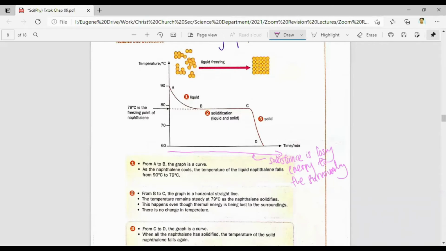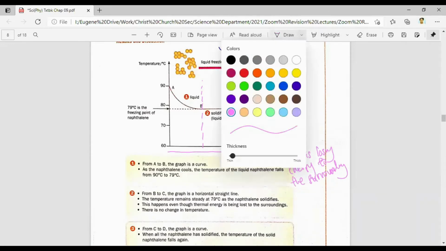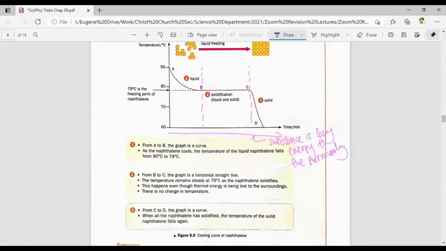So let's go through each part here. If you look at it, there are actually 3 main segments, 1, 2, and 3. So first up, region 1 from A to B. The graph is a curve. So what's happening here? As naphthalene cools, the temperature of the substance falls from 90 degrees to 79 degrees. You realize there's one bullet point that's missing here compared to the heating graph.